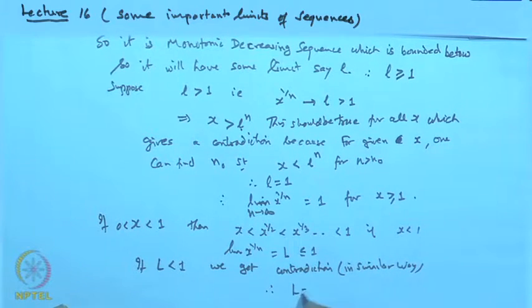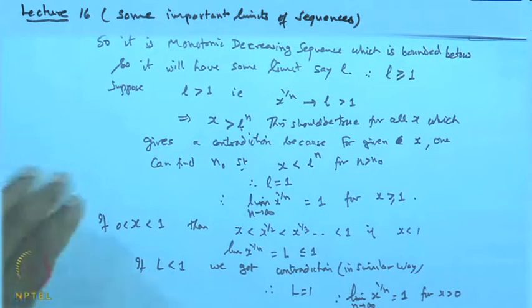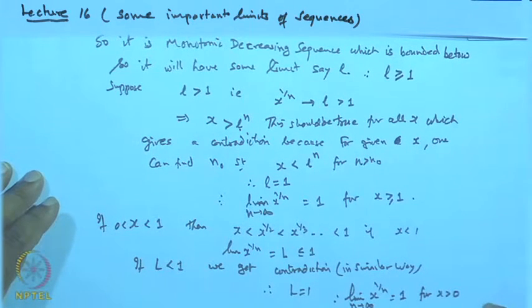Therefore, L must be 1. So, what we conclude is that the limit of x to the power 1 by n as n tends to infinity is always 1 for x greater than 0. For negative x it is not defined, because the roots are not real, so we are not choosing it.